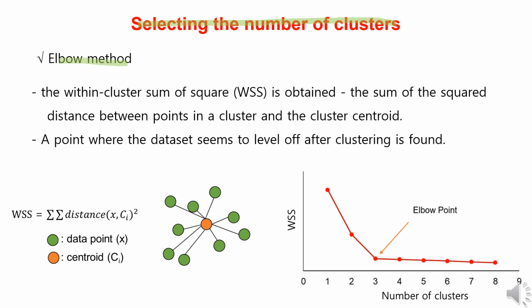In this approach, we calculate the sum of squares of distances between the centers and data points, known as the within-cluster sum of squares, WSS, for each cluster. We observe the pattern of how WSS changes with the number of clusters. Specifically, we look for a point where WSS starts to significantly decrease or levels off, creating an elbow in the plot. This elbow point can help us choose an appropriate value for k.